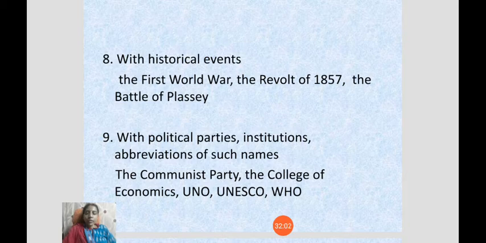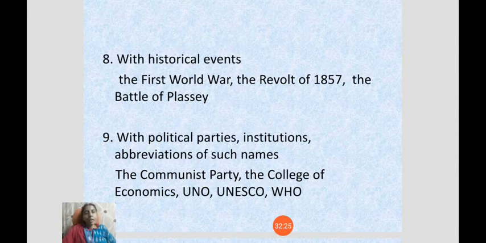Now the next one. With political parties, institutions, abbreviations of such names. With any political party.